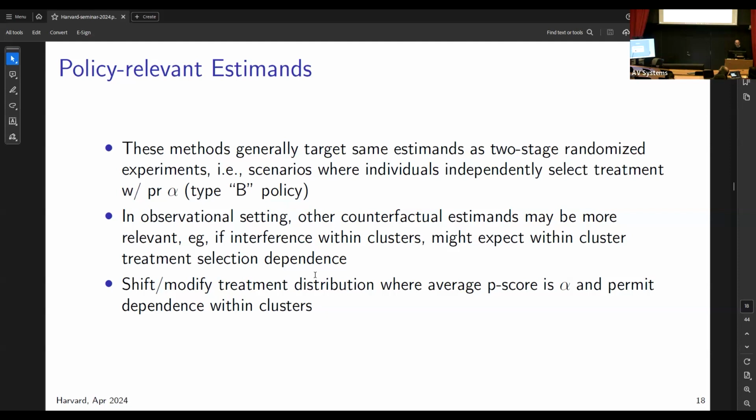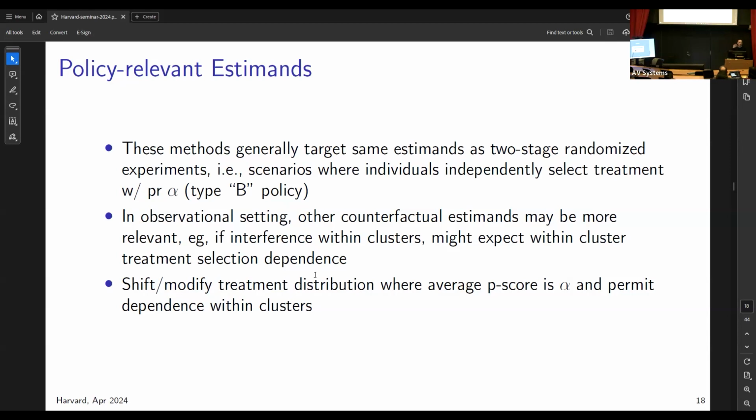If we're in a world where we have clusters and we're thinking there might be interference within clusters, there's probably dependence within clusters. In particular, there might be dependence in the likelihood individuals select treatment within a cluster. If that sort of dependence exists in the factual world, then we might expect it to also exist in some counterfactual world.